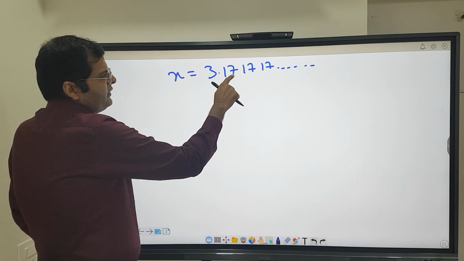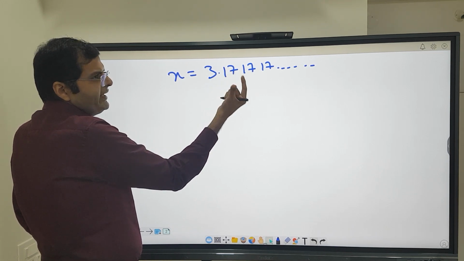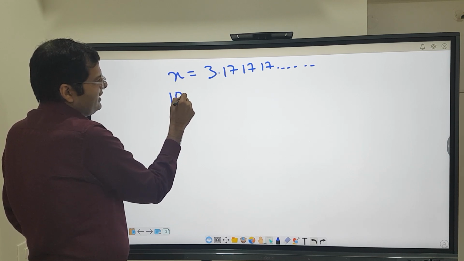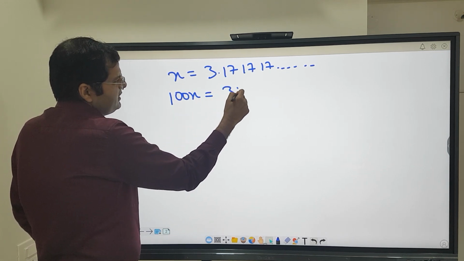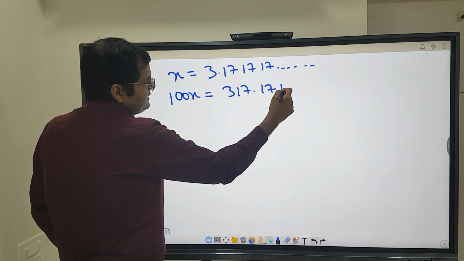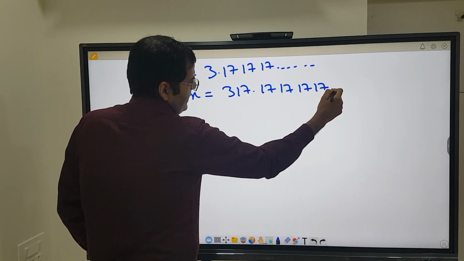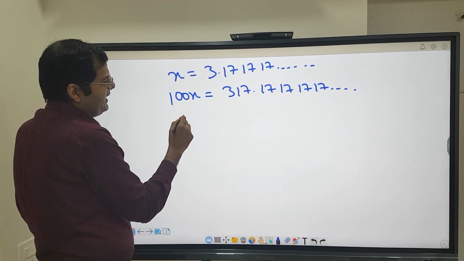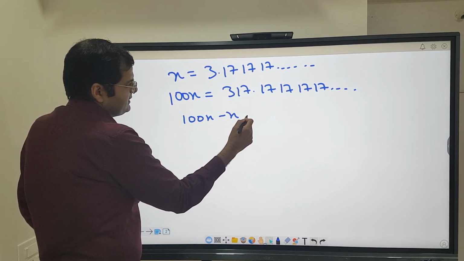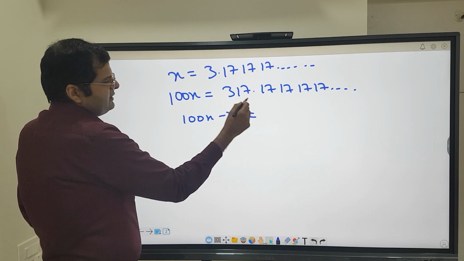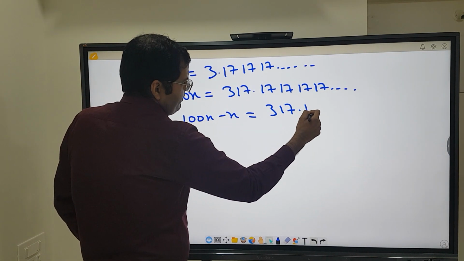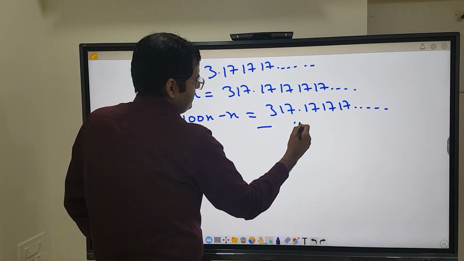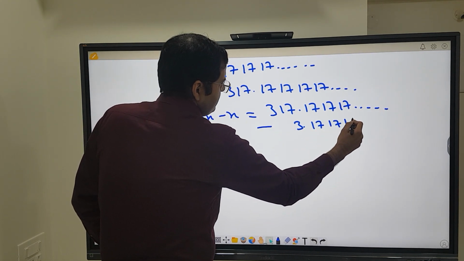Now if you look at it, 17, two digits, are getting repeated. So I will multiply by 10 squared, which gives 100x. 100x will be 317.171717 and so on. If I now subtract x from 100x, what do I get? I get 317.171717 minus 3.171717.